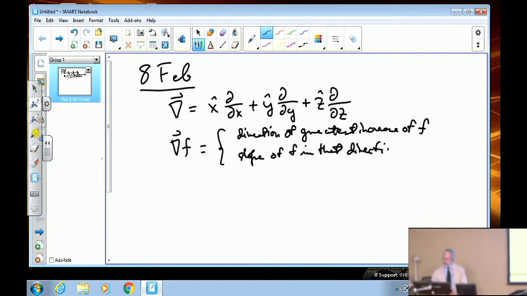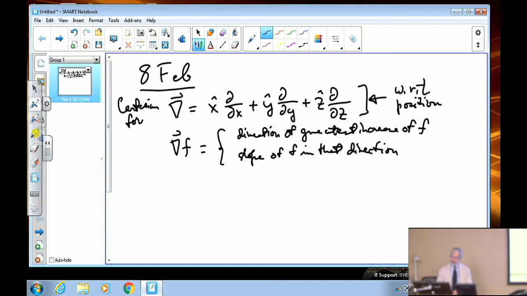And so notice that this is always, at least I would say it's virtually always, derivatives with respect to position, with respect to the coordinates x, y, and z. So this is the Cartesian form, and the proper definition, the primary definition, is this, so it's the gradient of f.